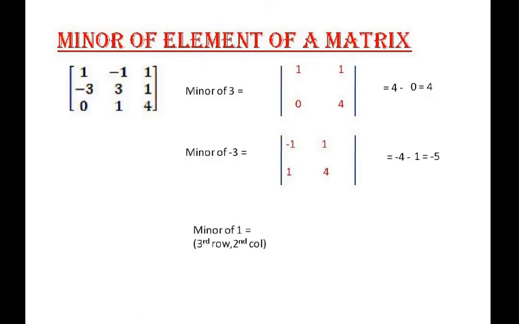And the minor of 1, its location is third row, second column. Remaining elements are 1 1 minus 3 1. Taking the determinant of this one, 1 minus of minus 3, 1 plus 3 is 4, we got it.